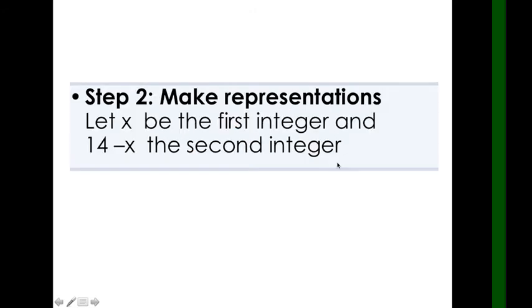Okay. Now, step 2, make representation. So let x be the first integer. And let 14 minus x be the second integer, because our first integer is x, okay? And the second integer is 14 minus x because their sum is 14.